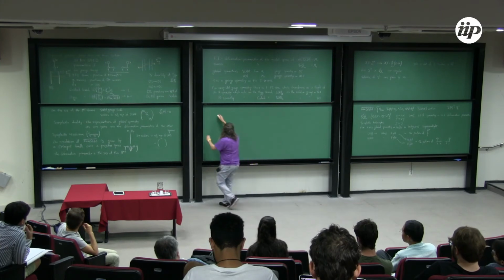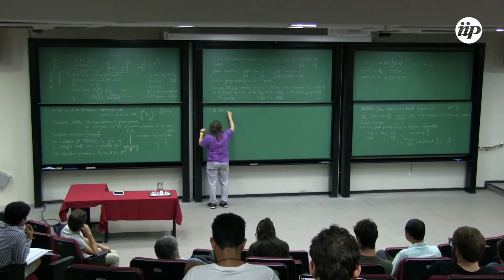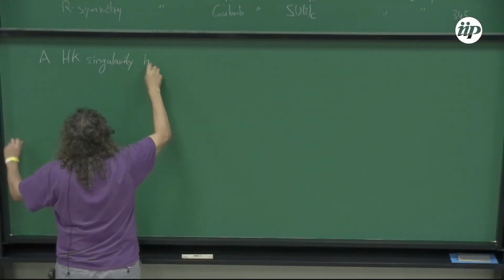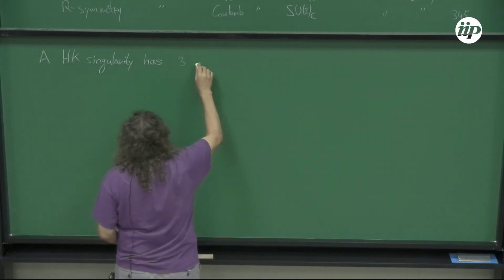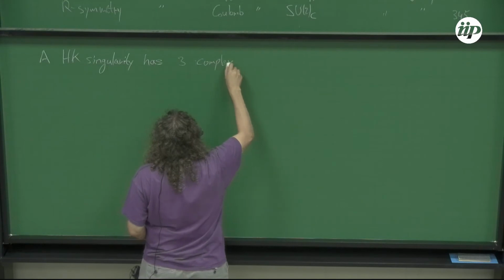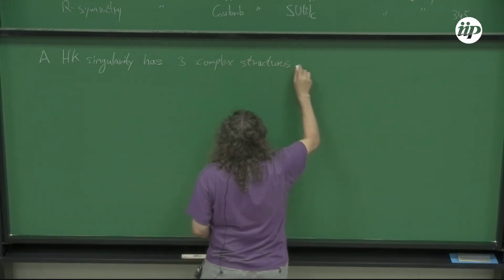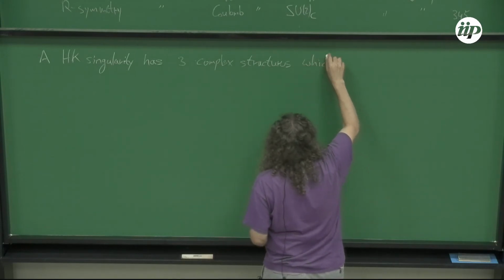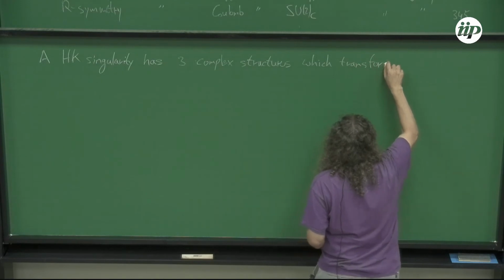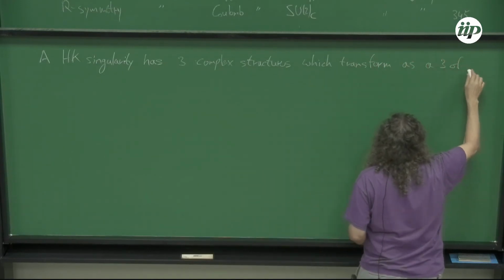Yeah, so a hyperkähler singularity has 3 complex structures which transform as a triplet of the R symmetry.